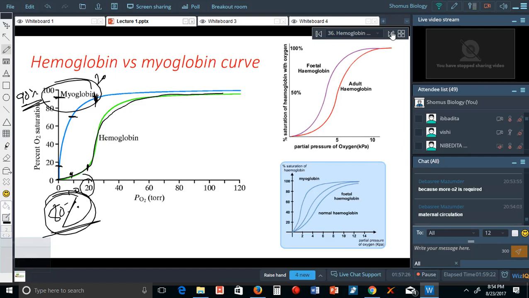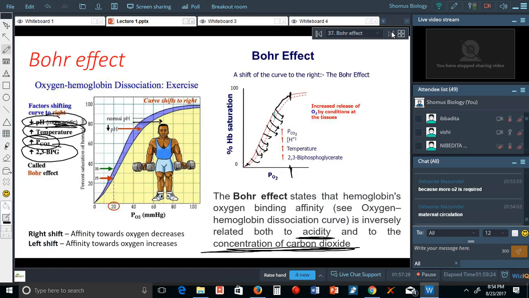So remember one thing: whenever the oxygen dissociation curve is shifted to the right, it means affinity towards oxygen decreases, and if it's shifted to the left, affinity towards oxygen increases.